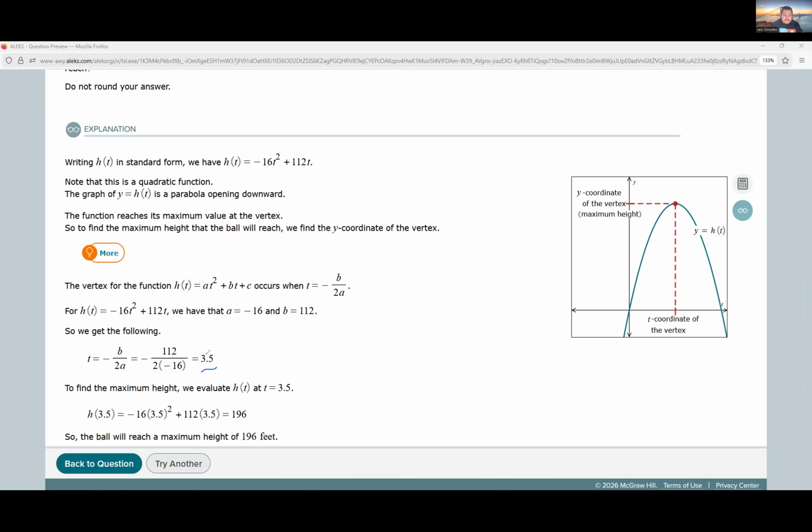And in this case, t is time, and h of t is the height. So instead of making that all difficult, just remember you want to know what the peak is because that's when the ball goes all the way up. That happens at a vertex. Use your vertex formula and do the exact same thing we've been doing. Find the vertex.